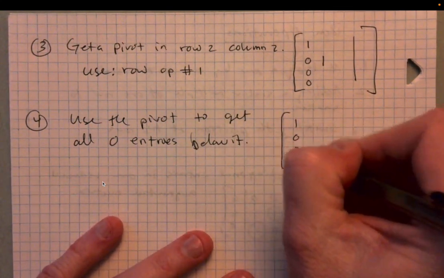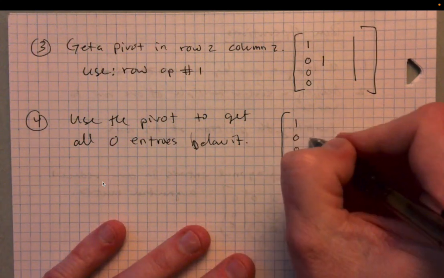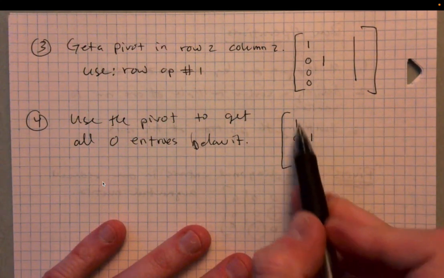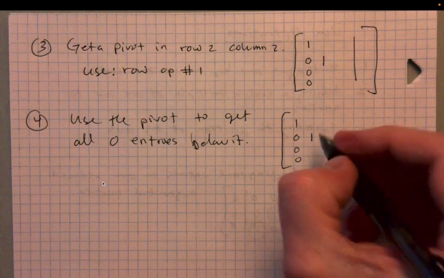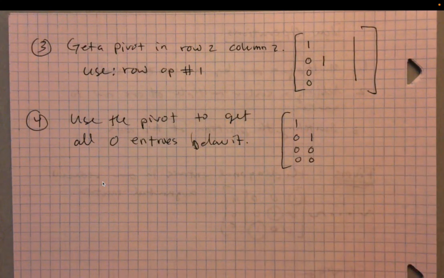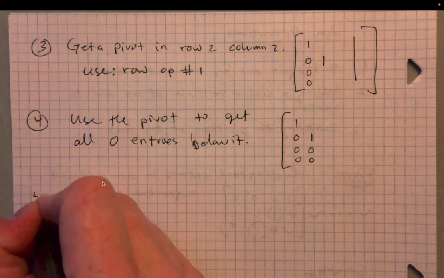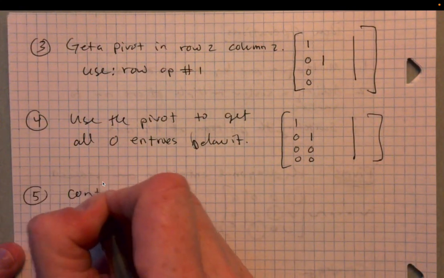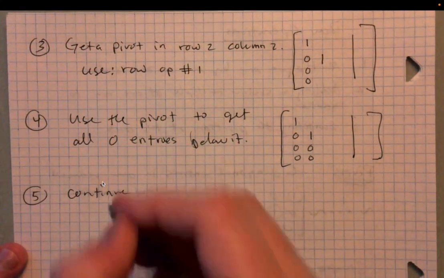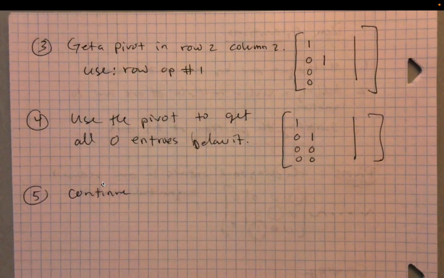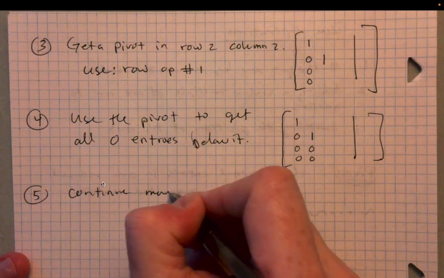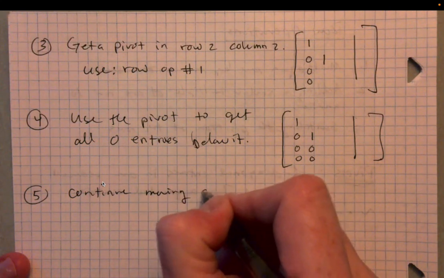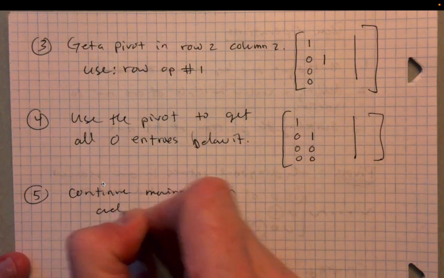You got a 1, 0, 0, 0 in the first column, and now you've got a 1 in row 2, column 2. You want to get zeros below it. Okay, and then you want to continue. So continue moving right and down. So down and to the right.